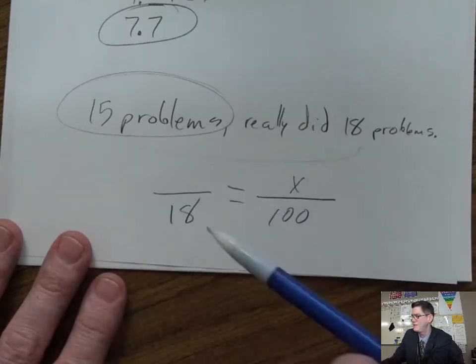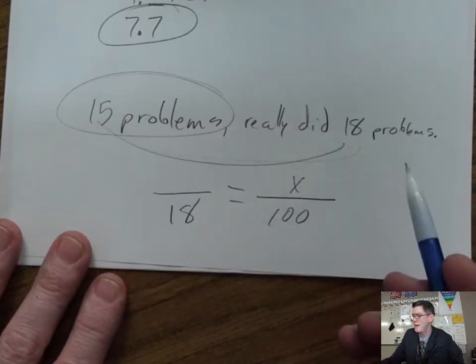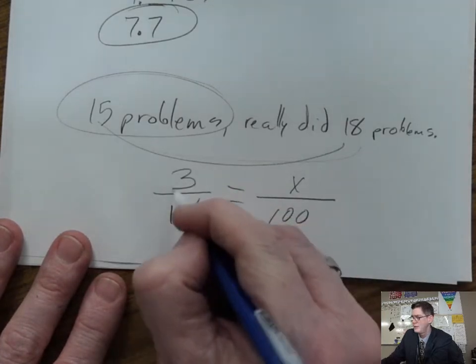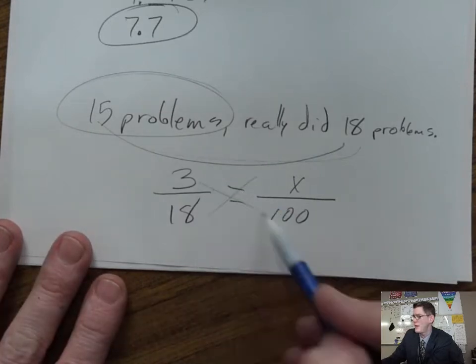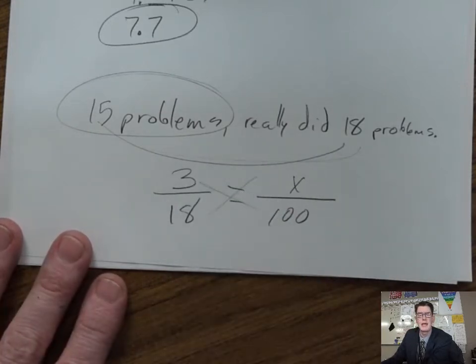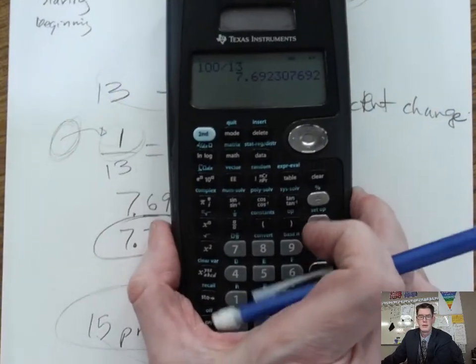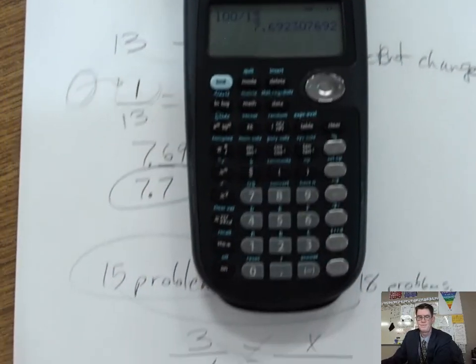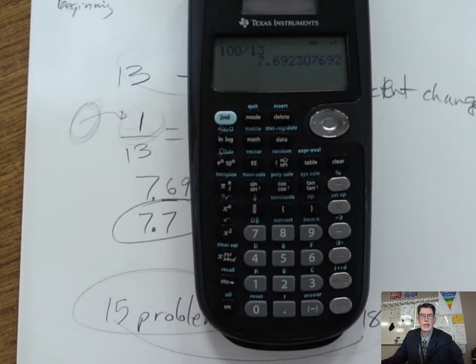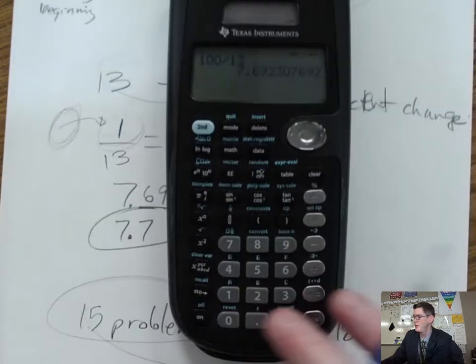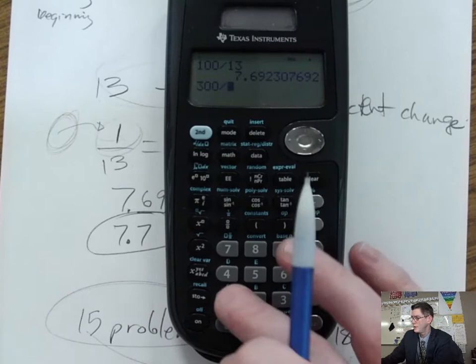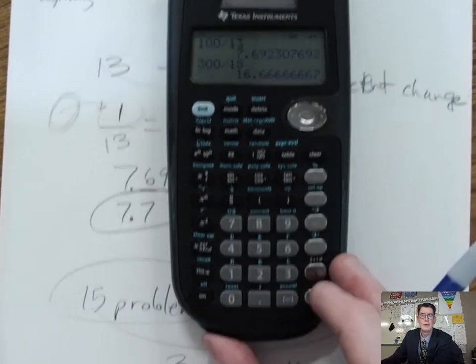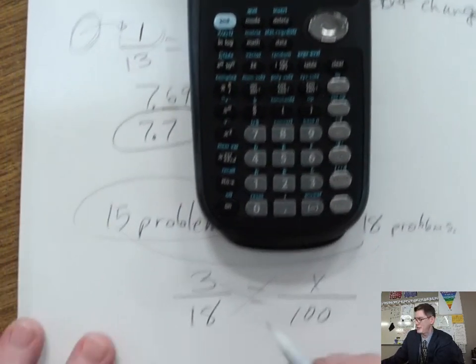From 15 to 18, when you subtract that, the amount that you were off by was 3. So then once you have that, you can cross multiply these and divide by the 18 for this problem. That's 300, 3 times 100, divided by 18 gets you 16 and 6 on forever percent.